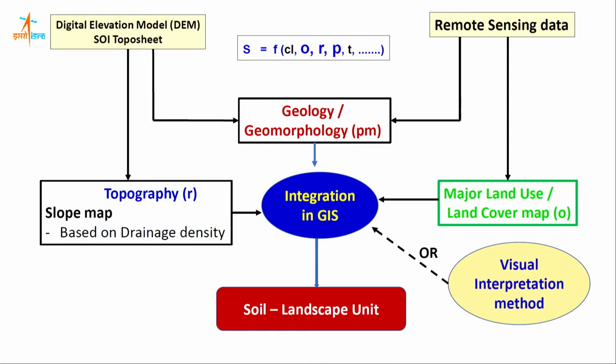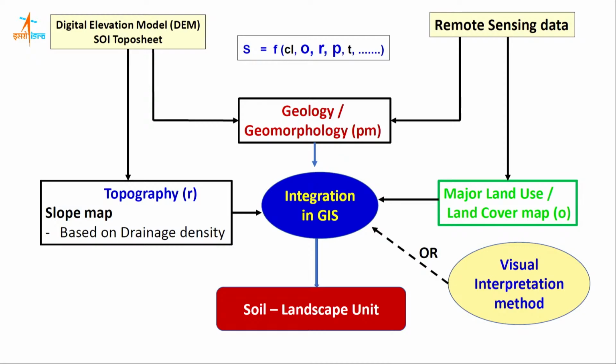So only 3 factors are changing in an area. First is parent material changing. Second is R, means topography or slope is changing. Third is organism or land use land cover, which is changing. So these 3 things we need to study with the help of remote sensing data, systematically, one by one.